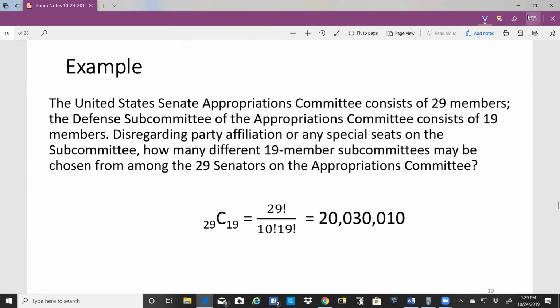So how many ways can you do that? And that's a combination of 29 things taken 19 at a time. And you don't have to worry with the factorial. All you do is plug it in, 29, 19.